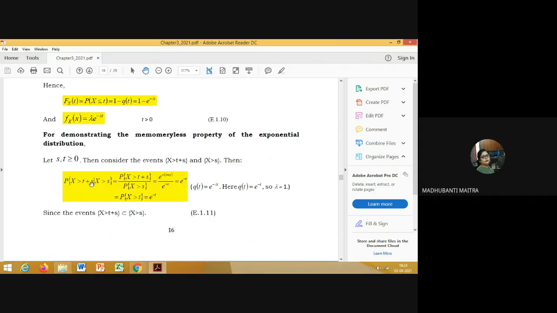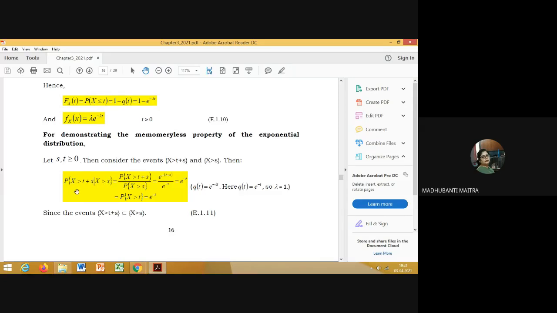Suppose the value of s is 1 hour and the value of t is, say, 3 hours, right? So the first term implies that the first event will occur after 3 plus 1, that is 4 hours, given that the first event has occurred after 1 hour. Is it clear?